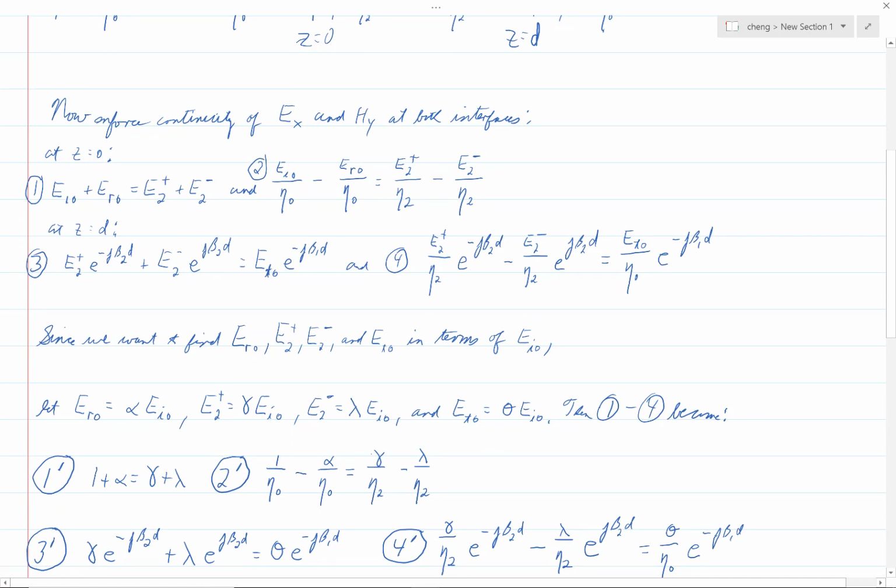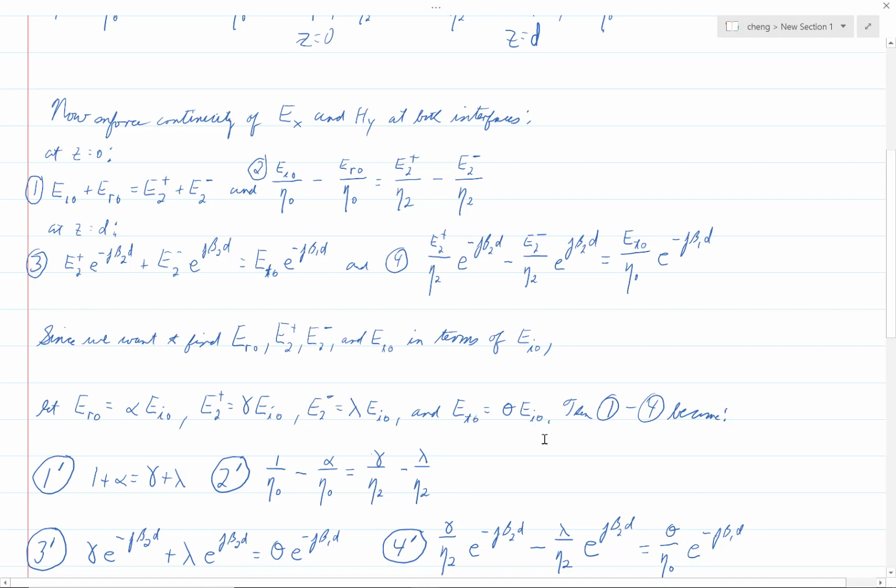Now, these 4 equations are really all we need to solve this problem. Since we want to find E_r0, E_2+, E_2-, and E_t0 in terms of E_i0, let's let E_r0 equal α E_i0, E_2+ equal γ E_i0, E_2- equal λ E_i0, and E_t0 equal θ E_i0.